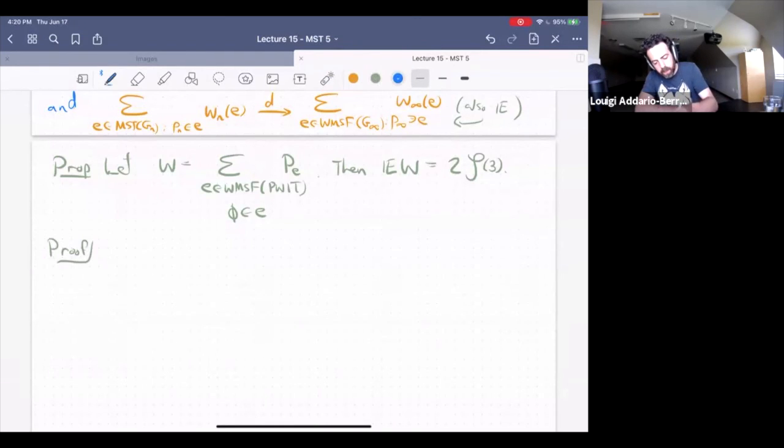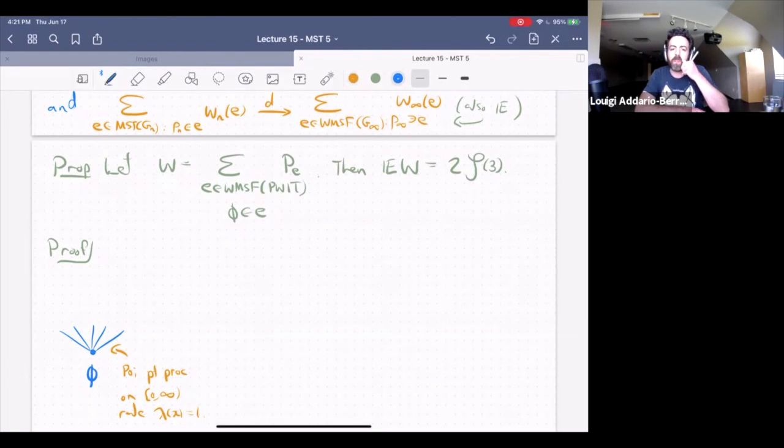Let's draw the local structure again of the PWIT. We've got this root vertex. Its neighbors are weighted according to a Poisson point process on 0 to infinity with rate function, which is just constant, right? And now, which edges are present in the wired minimum spanning forest?